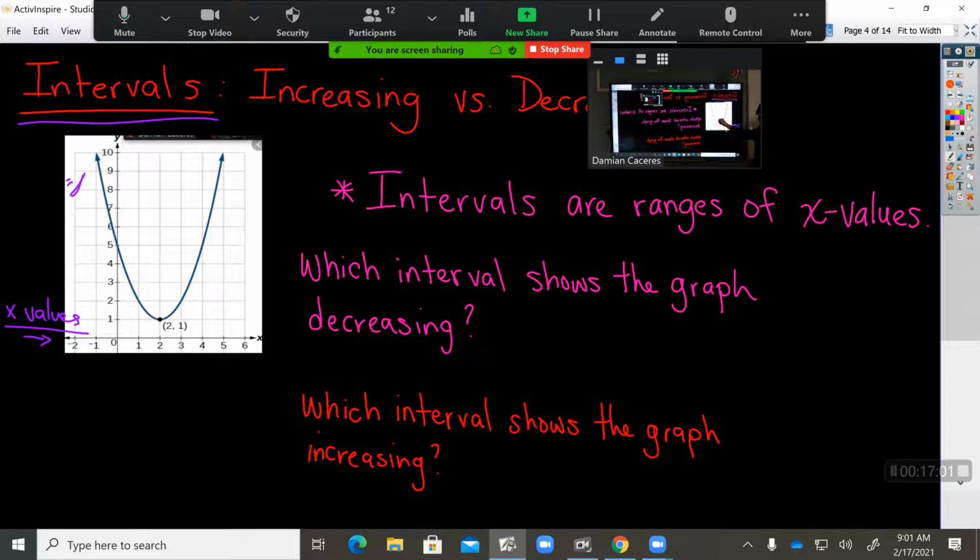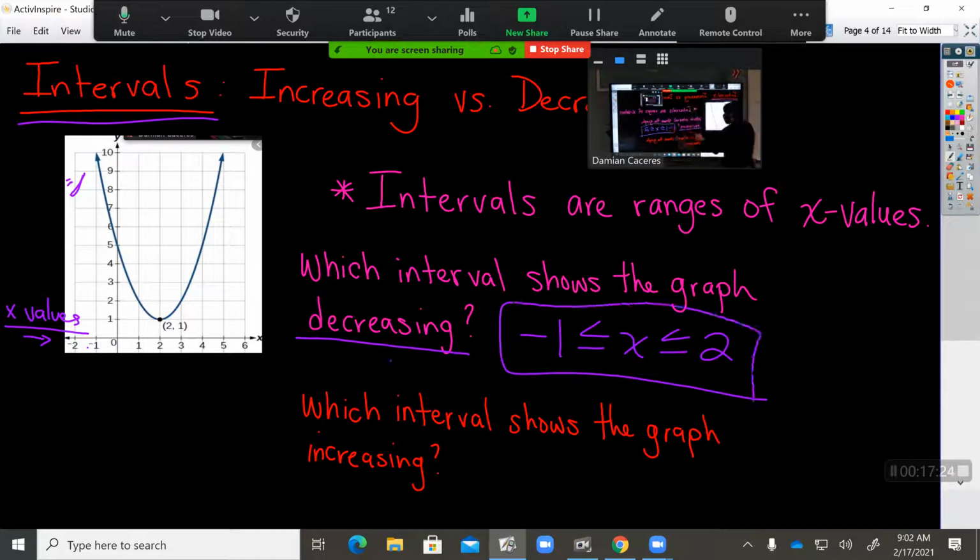What you're looking at, the blue graph, I'm going to block off everything except from -1 to +2. Is that going up or down? From left to right? It's going down. So that means between -1 and 2, it's decreasing.